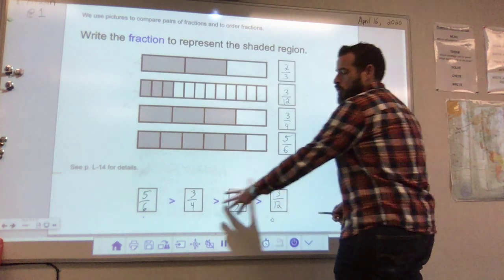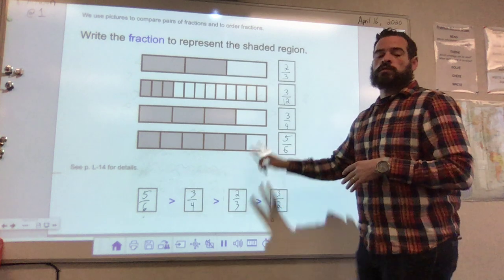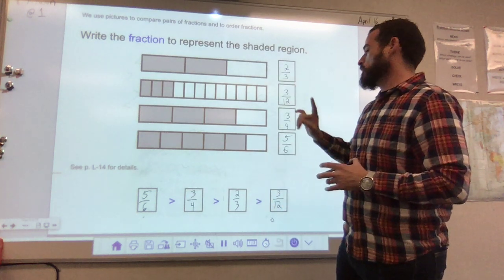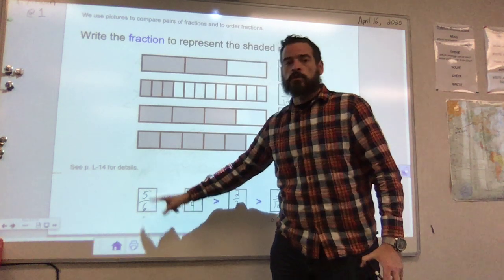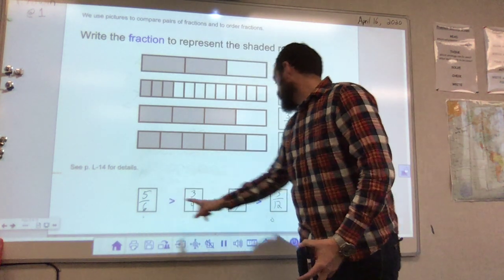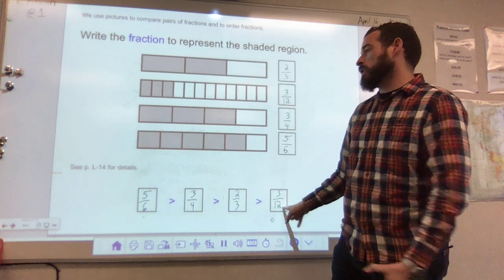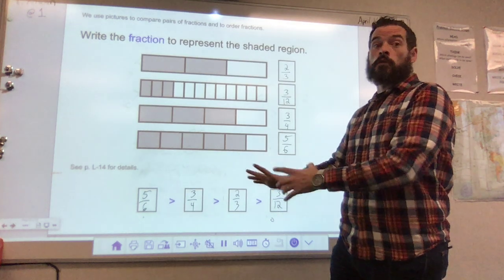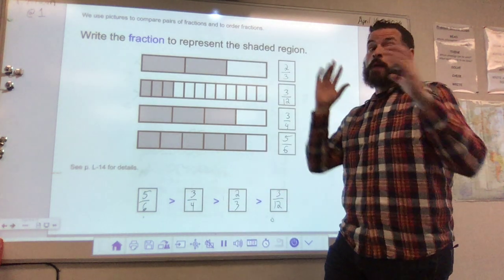And just if you look at these fractions, this is just what I was mentioning a couple minutes ago about how don't get thrown off by the numerators and the denominators being bigger, because it's not always. We've got a 12 here, which is the smallest one. So don't think, oh, I see a 12. 12 is the biggest number that I see, so that must be the biggest.